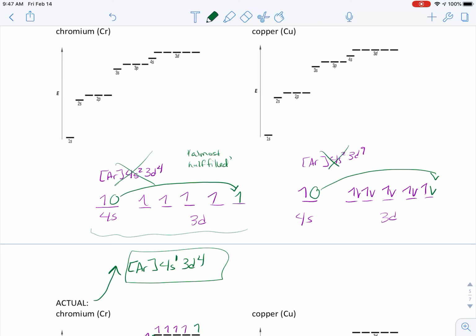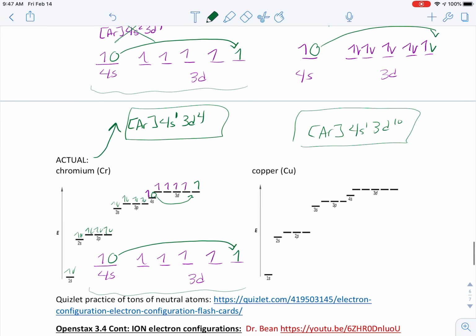So this is not our configuration. Our configuration is Ar 4s1 3d10. And like I said, this only happens in those two places on the chart. You don't have to worry about it happening in the other places. And again, picture-wise, that's all filled.